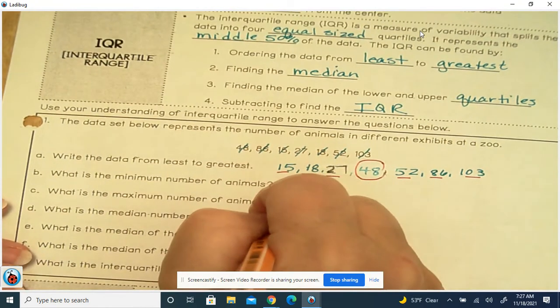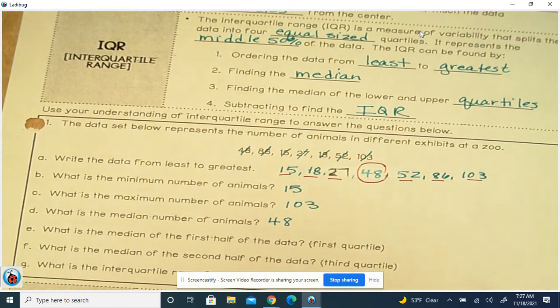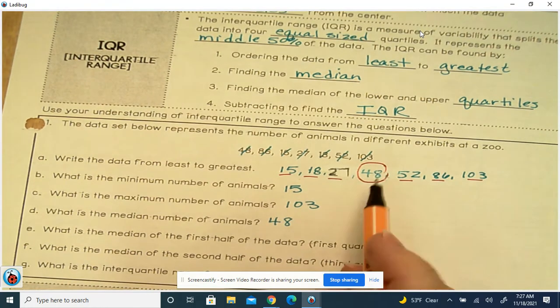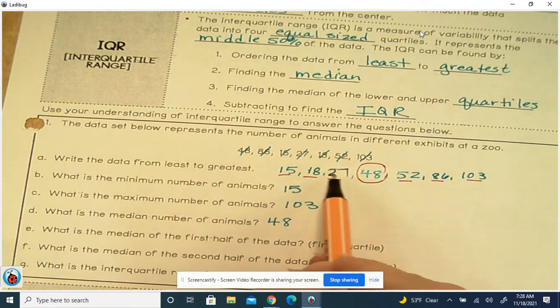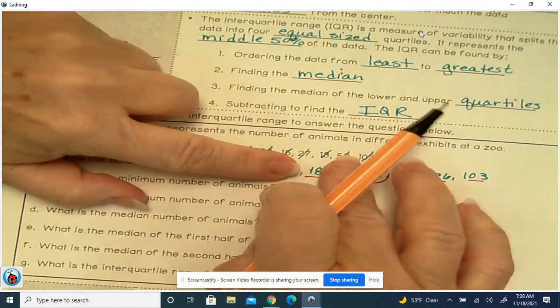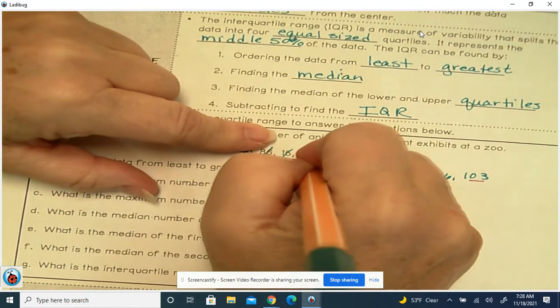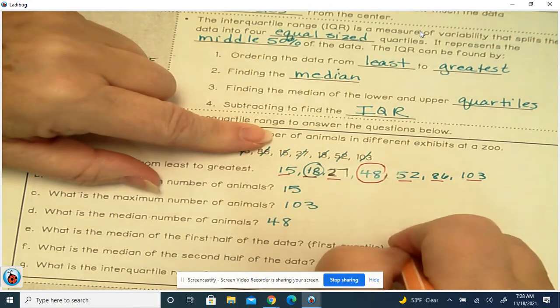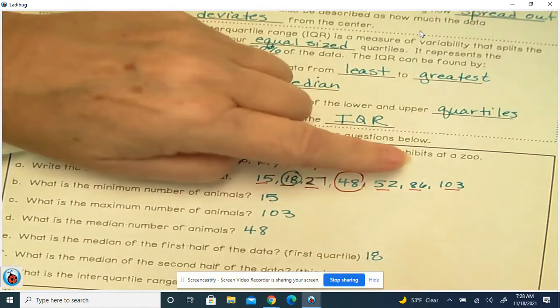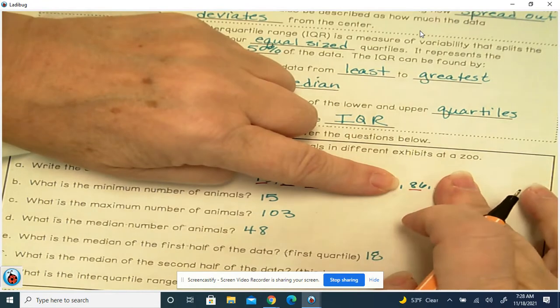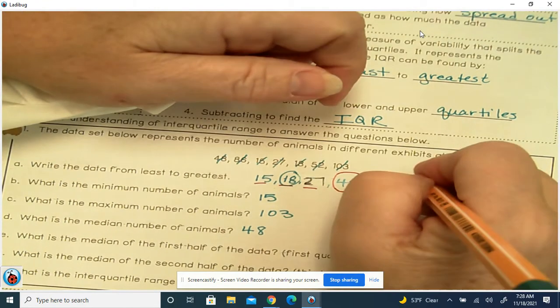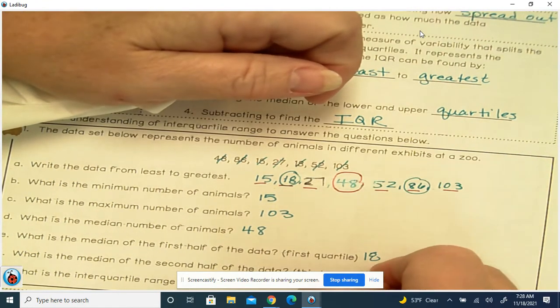What is the median of the first half of data? So the first half of data is going to be these 3 numbers right here. And if we mark 15 and 18 out, the median of the lower half is 18. And then if we're up on the top and we mark out 52 and 103, the median is 86.